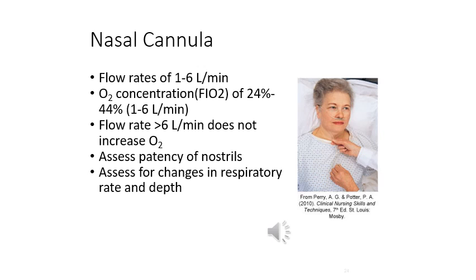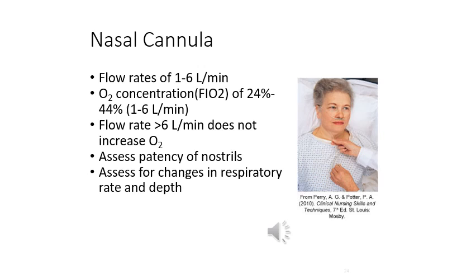So you would add that increase to that 21% per liter. So an example would be if someone is on 1 liter of oxygen per minute, that would be 3 to 4% plus the 21%. So you're looking at them breathing in anywhere from 24 to 25% oxygen when they're breathing in on 1 liter of oxygen.